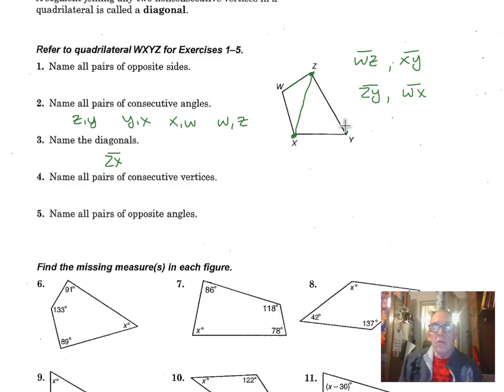And then we could do the same thing and go from W to Y. So WY is another diagonal that we can draw. Now if we started at Y and skipped and went to W, we could have WY or YW. They're both really the same thing, just different orders. And then ZX or XZ. So we have two diagonals.